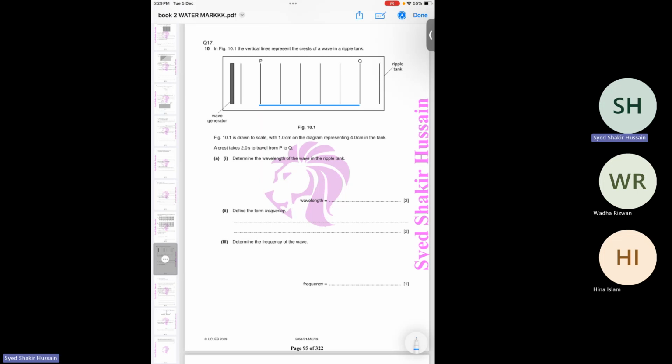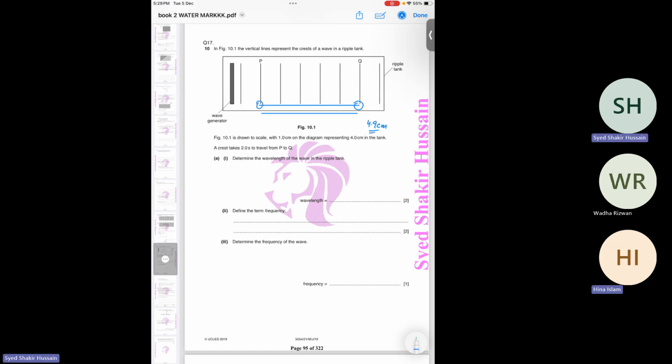All right, done. So please tell me what is the length that you measured between P and Q on your screen. It's 4.9, which turns out to be 19.6 in the tank, because 1 centimeter represents 4 centimeter.